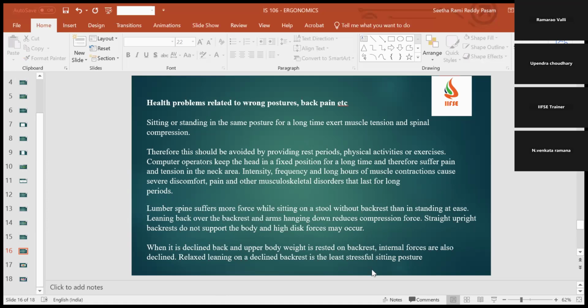Therefore, it should be avoided by providing rest periods, physical activity, or exercises. That's why most nutritionists or doctors suggest you should have proper rest intervals while performing an activity, especially if you have a sitting job, so that you can avoid these kinds of ergonomic stresses and health related issues.